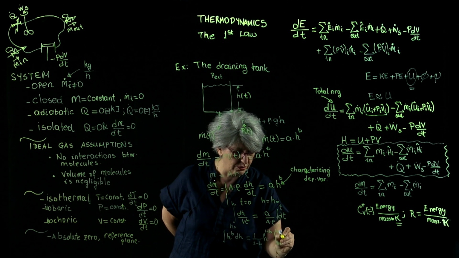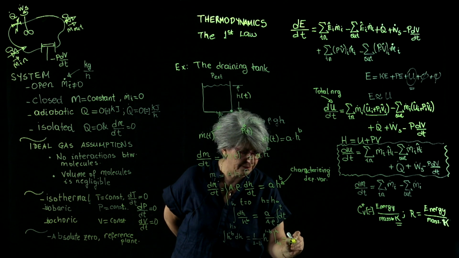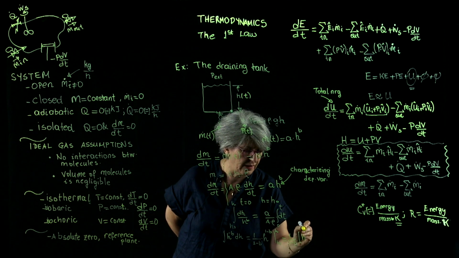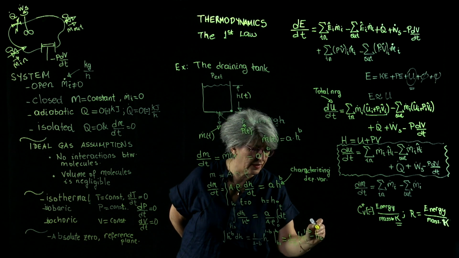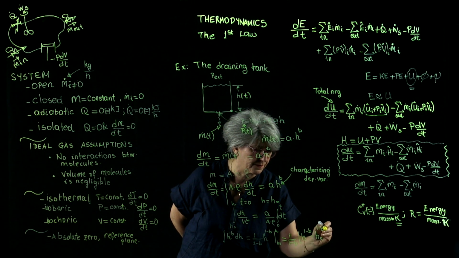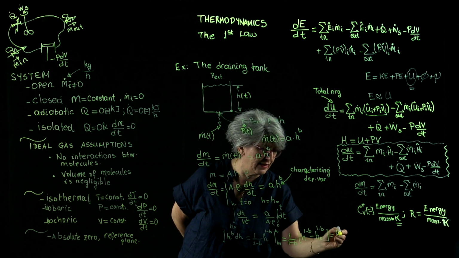That is equal to 1 over 1 minus b times h to the power 1 minus b minus h0 to the power 1 minus b. That is equal to a divided by A sub c.